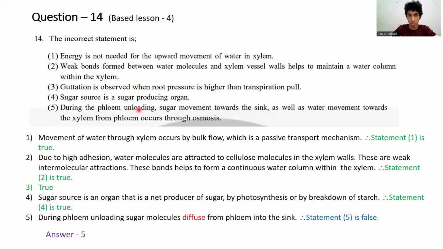During the phloem unloading, sugar movement towards the sink occurs by diffusion, not by osmosis, because at the sink, the concentration of sugar is less, and in the phloem, the concentration of sugar is high. Therefore, the sugar movement occurs by diffusion. But the water movement towards the xylem from phloem occurs through osmosis. That's correct. So the fifth statement is wrong. Therefore, the correct answer is 5.